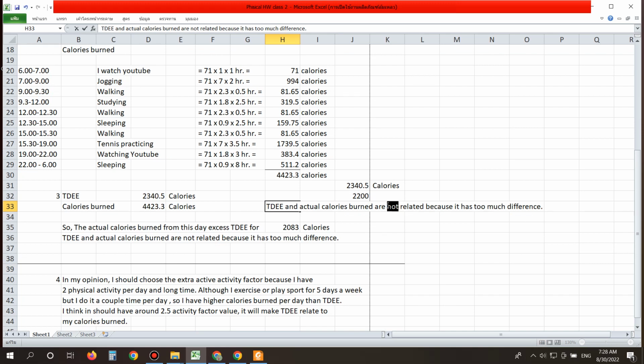Related, because it has a little bit of difference. If your TDEE and calorie burn are not too different, you can answer a little bit different.